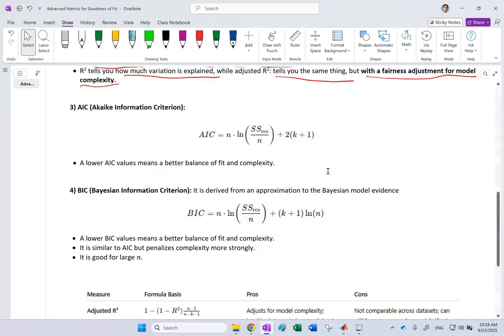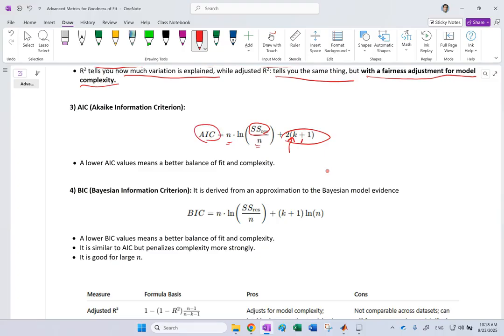And you can see that the number of data is here. The natural log of sum square residual divided by n is there. And 2 times k plus 1, where k was the number of predictors, or k plus 1 was including the constant. Now, this one, when the model has a good balance of fit and complexity, has a minimum value.